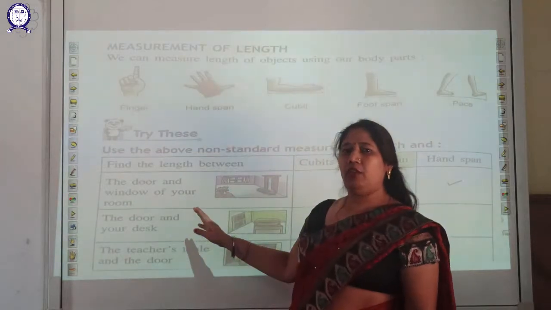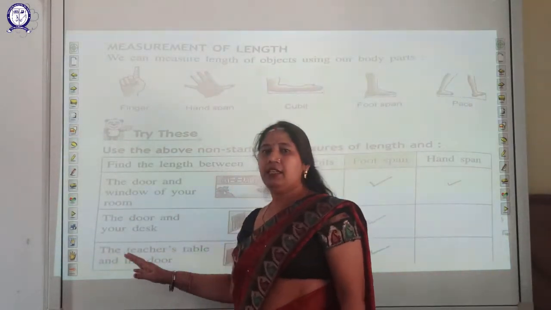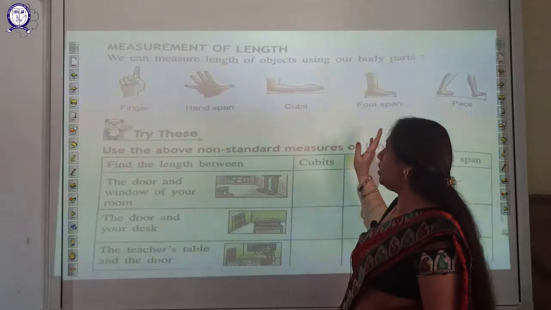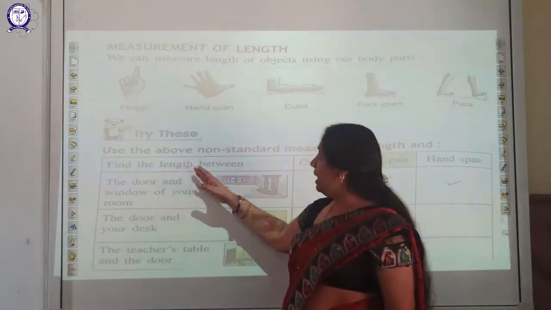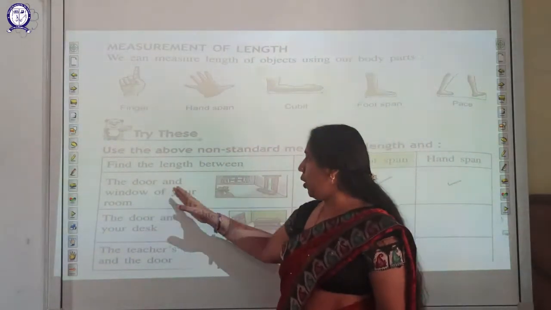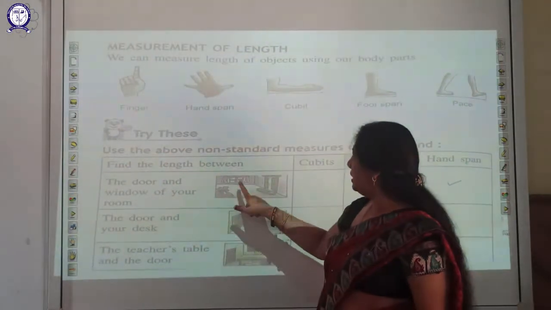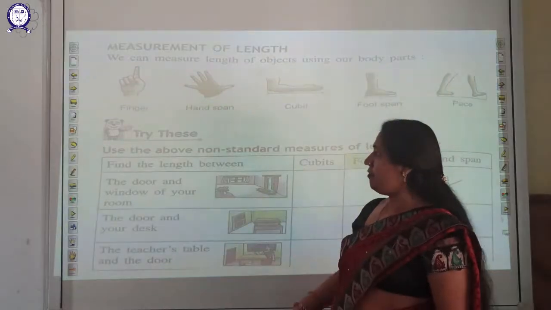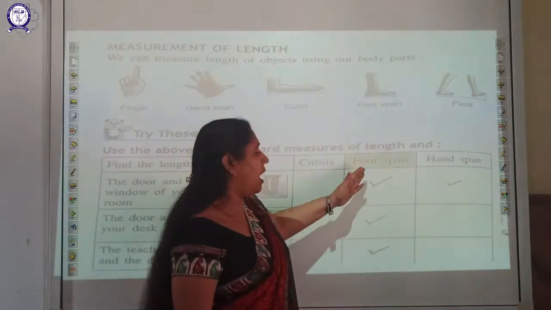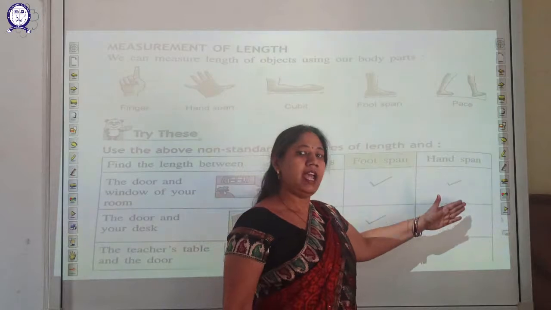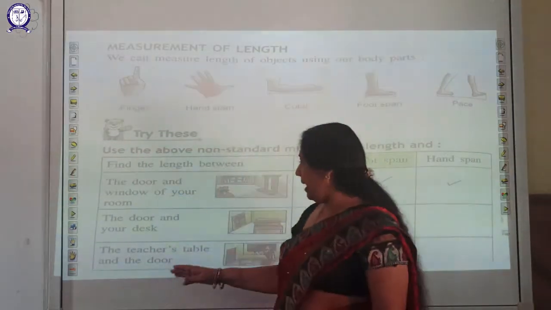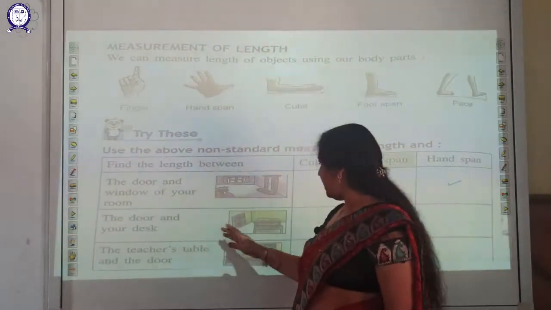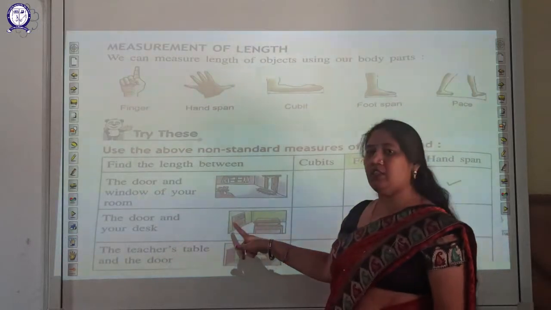So we have to recognize some examples with the help of these non-standard units. Find the length between the door and window of your room. This is your window and this is your door. So how do you find the length between? With our foot span or our hand span. And the door and your desk. That is your desk and that is your door.